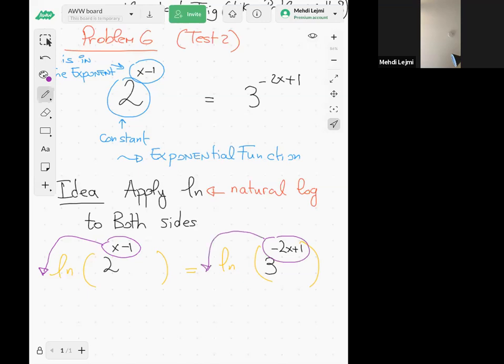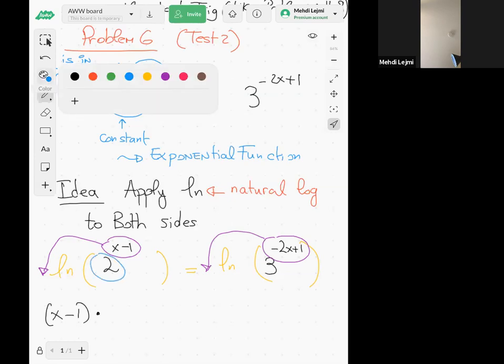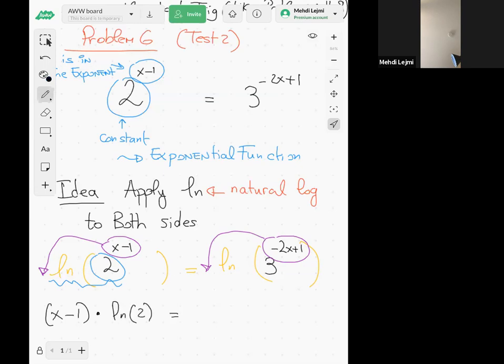So then we're going to have x minus 1 times natural log of 2. If you put x minus 1 in front of the log, you are left with the 2 inside the log. Now, this natural log of 2 is just a number, a decimal.